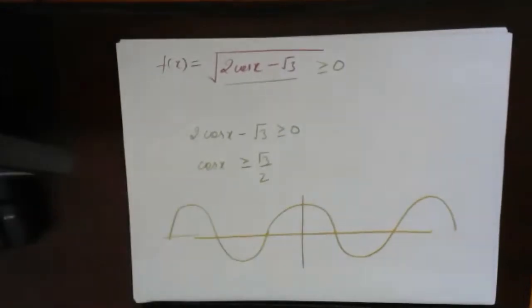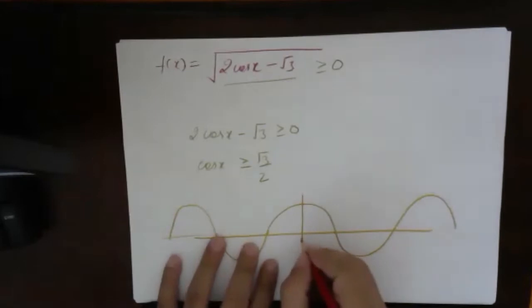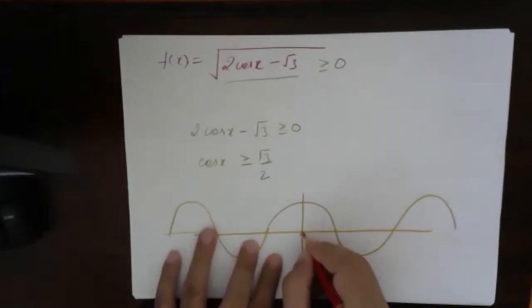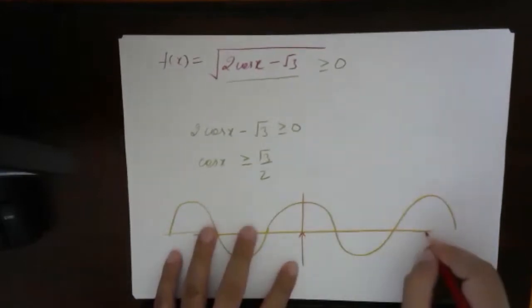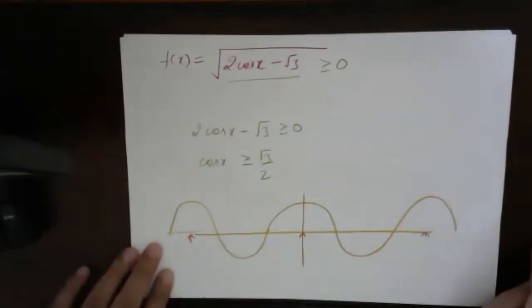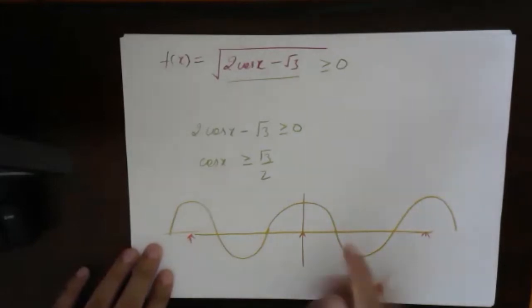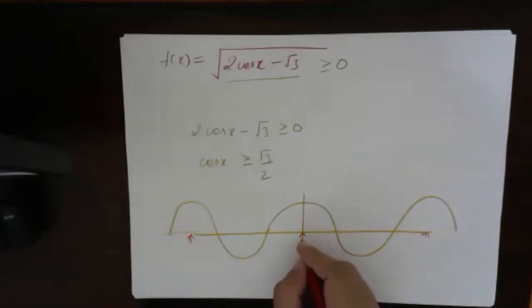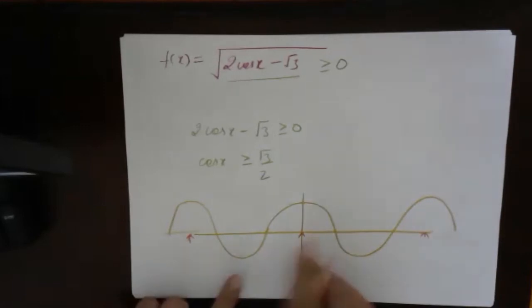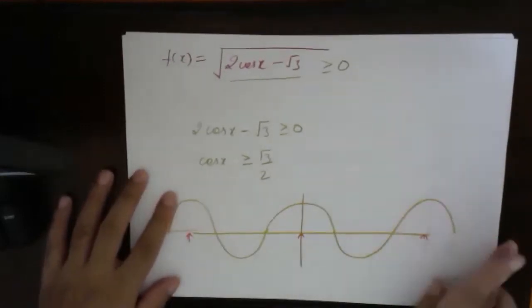And see, cos x is always symmetric about 0 and the even multiples of pi. So here we will have pi, then 2 pi, then minus pi, minus 2 pi, minus 4 pi, minus 6 pi, plus 6 pi, plus 4 pi, and so on, right? So at every even multiple of pi, cos will be symmetric.